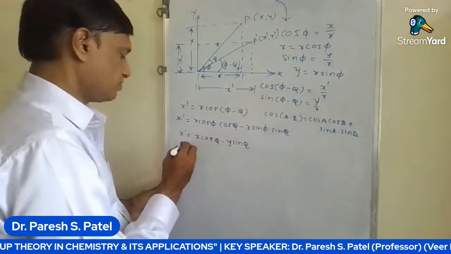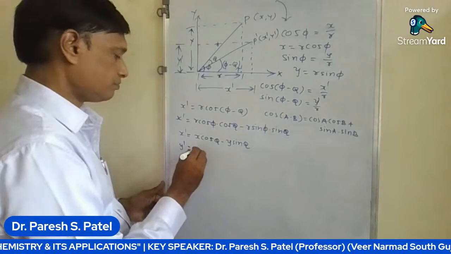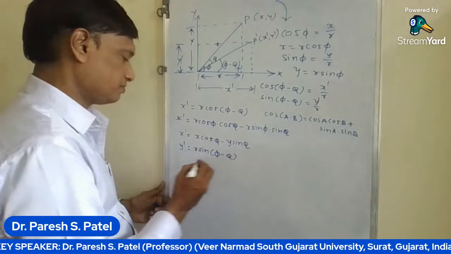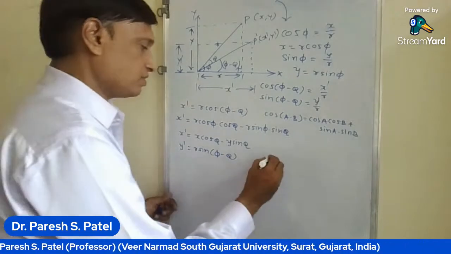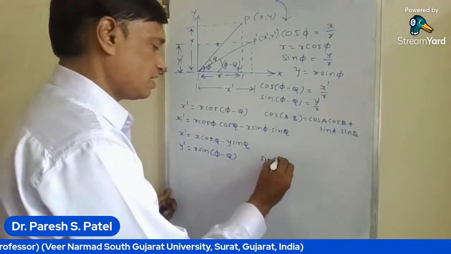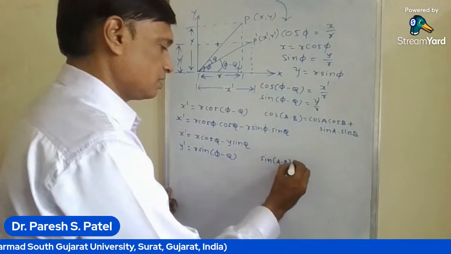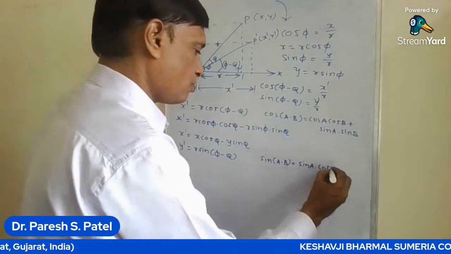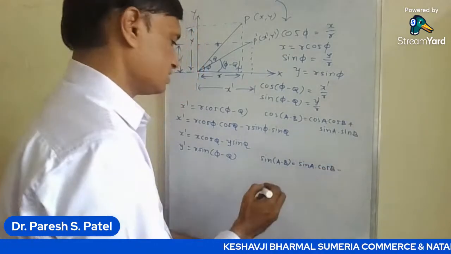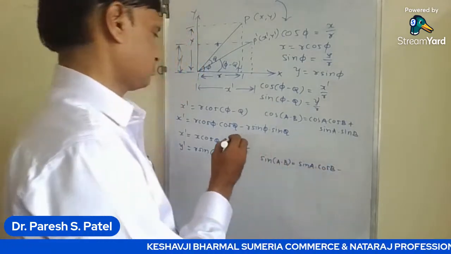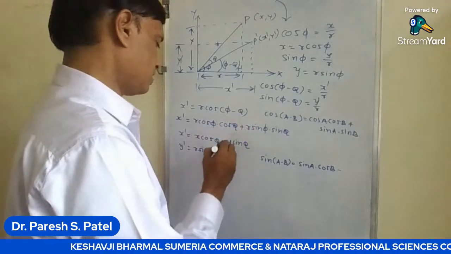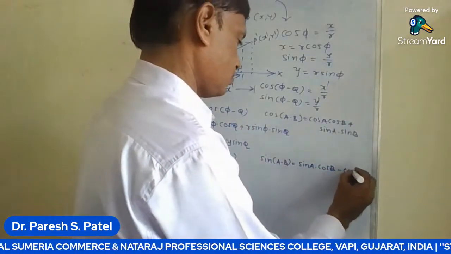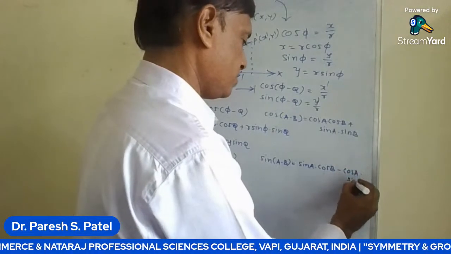Similarly, y dash is equal to r sin(phi minus theta). We know that sin(a minus b) is equal to sin a cos b minus cos a sin b.